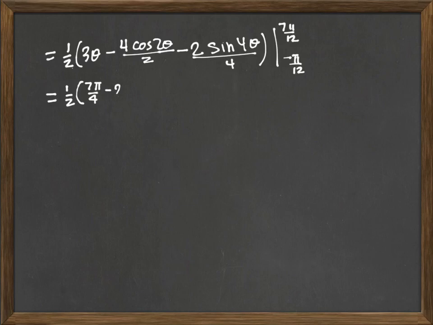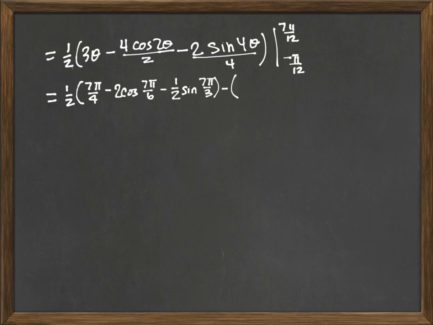And then I have minus 2 cosine, and it's 7 pi over 12 into 2 theta, so it's 7 pi over 6. Minus 1/2, and then I'm putting 7 pi over 12 into the 4 theta, so it's sine of 7 pi over 3. So I'm reducing as I go. Feel free to take more steps if you need to be careful.